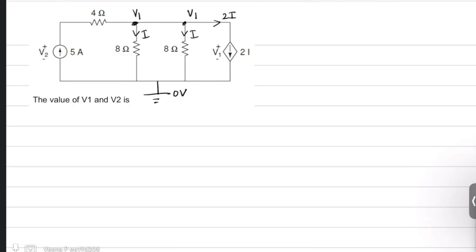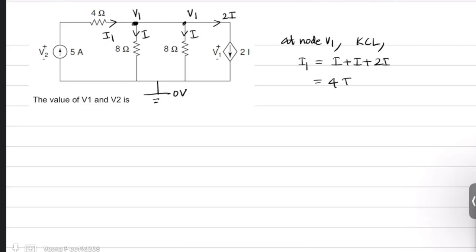So if you take the node V1, at node V1, if we apply Kirchhoff's current law, and this current is say I1, we can see that I1 is nothing but I plus 2I, because all the currents are leaving and I1 is incoming. Incoming currents are equal to the outgoing currents.